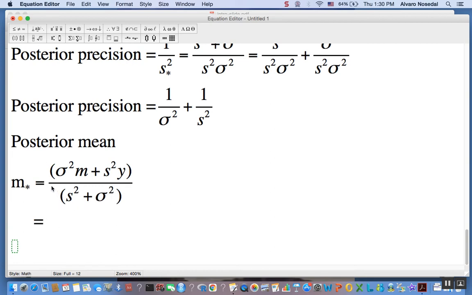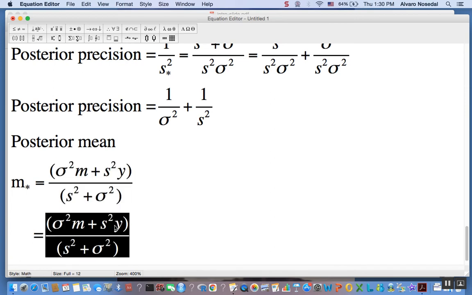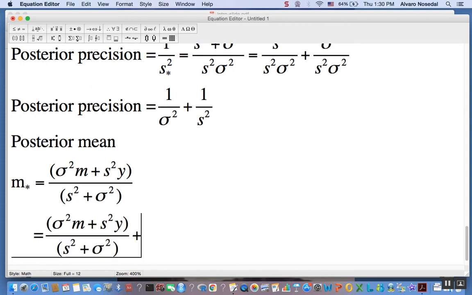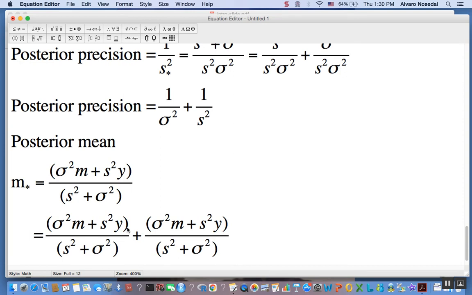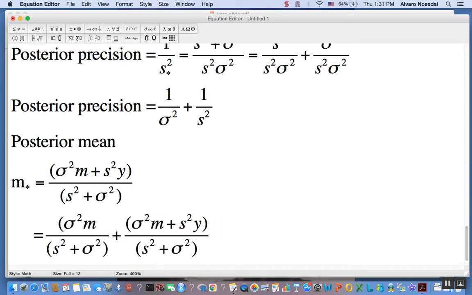So let me express this one like this. So I'm going to have a sum here, first term and second term. Make sense? Clearly those two expressions are equivalent because this guy is just a common denominator.